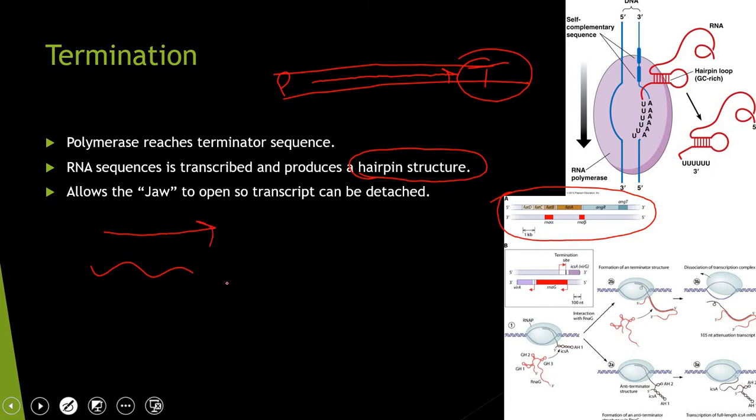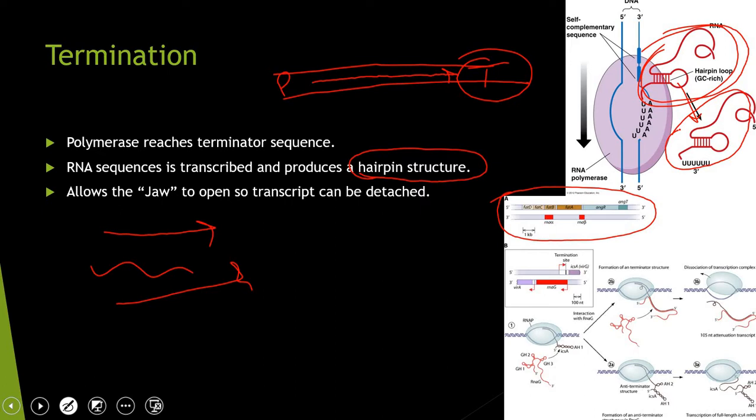It could go into the cytoplasm and be translated into the proteins that are needed for the cell, right? So this hairpin structure is very important, as you can see here, and it just tacks off. Boom. So here it is here, and now it's here. So that's very important. It forms that hairpin structure to open up the jaw.